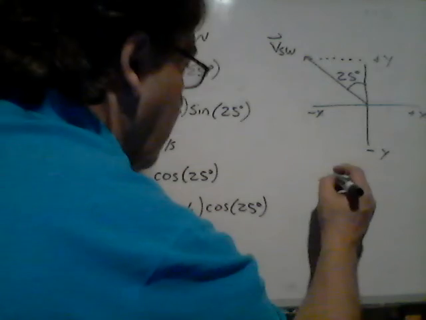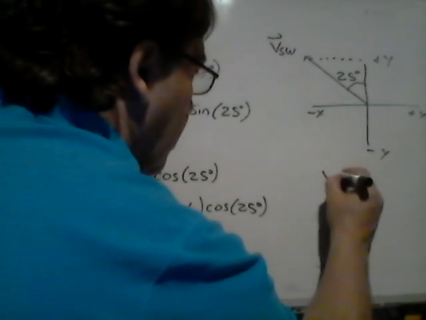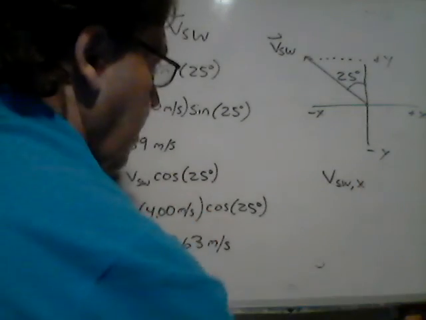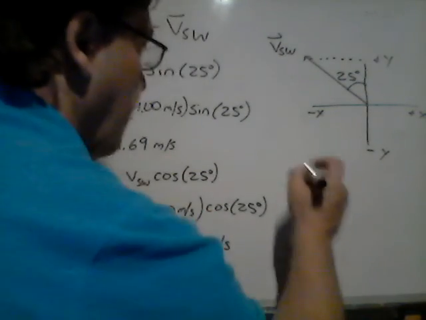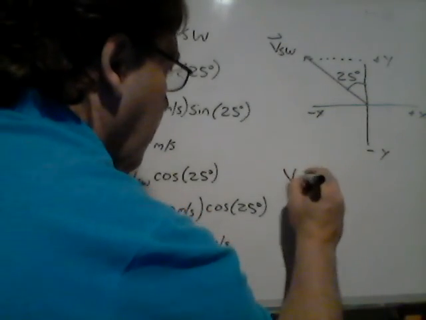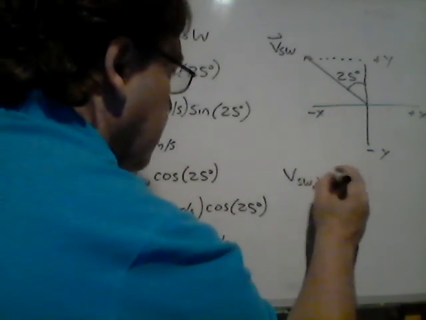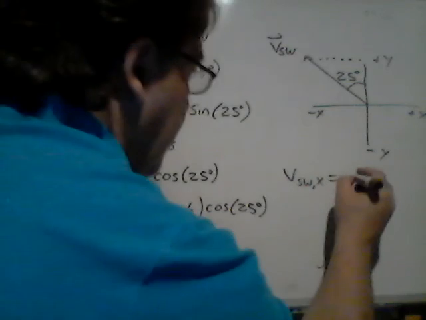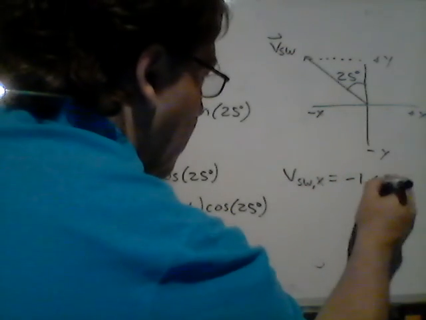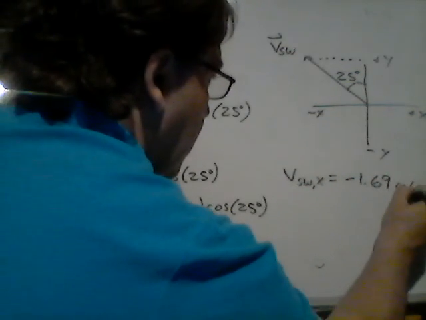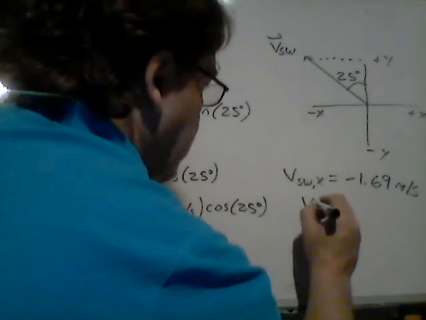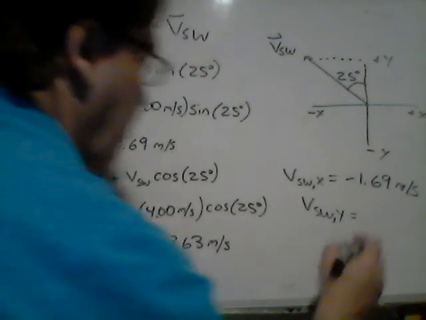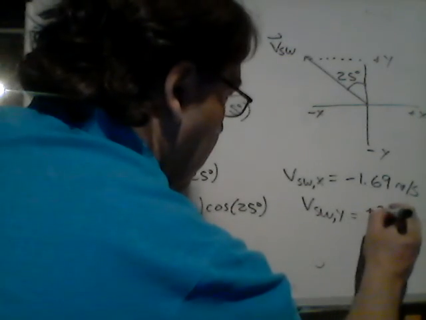So V sub SW sub X, I'll write that over as, again, let's be careful, negative 1.69 meters per second. And V sub SW sub Y will be positive 3.63 meters per second.